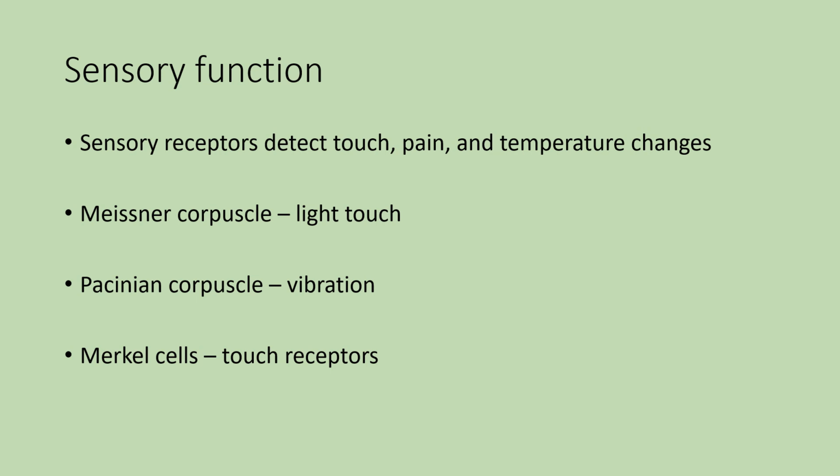It would be a separate one that would detect warm temperature. Touch, light touch versus deep pressure, pain. All these receptors are very, very specific for it. Some examples, the Meissner corpuscle, that detects light touch, but the Pacinian corpuscle will detect vibrations. And then your Merkel cells also are touch receptors.